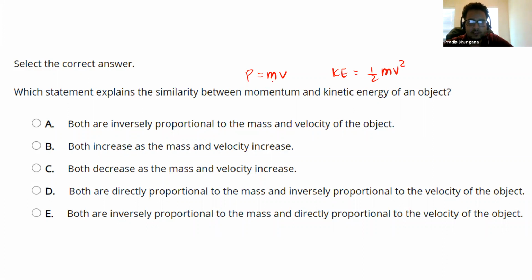You can see here, if mass increases, momentum as well as kinetic energy increases. If velocity increases, both momentum and kinetic energy increase. So based on that information, the correct choice is both momentum and kinetic energy increase as the mass and velocity increase. That is B.